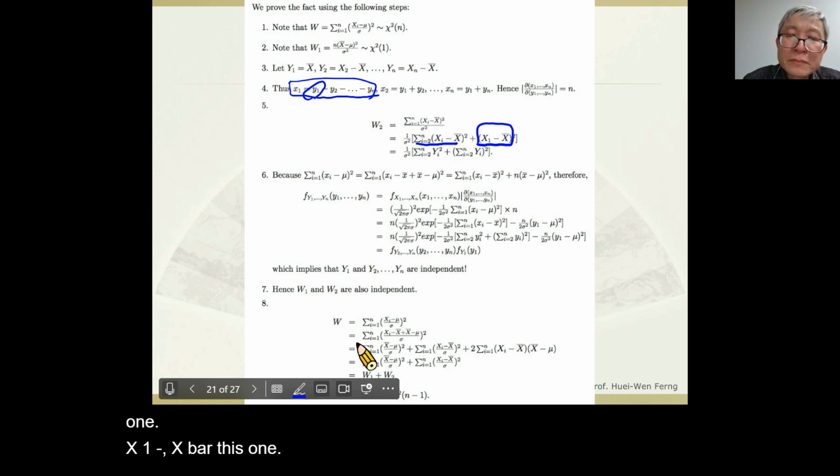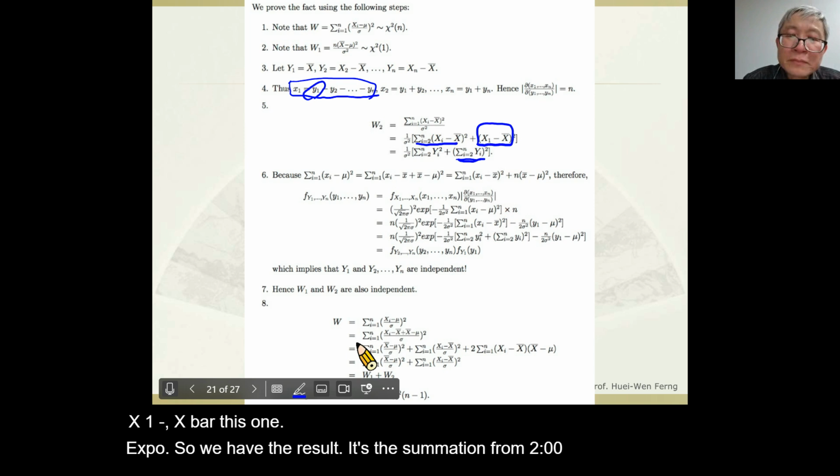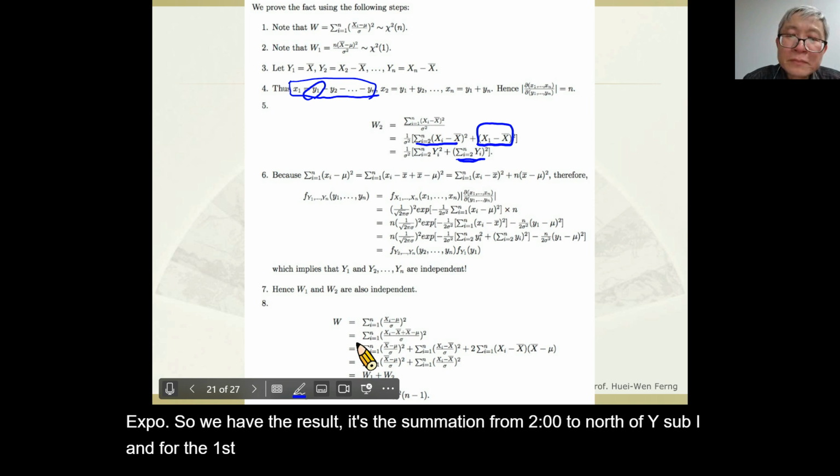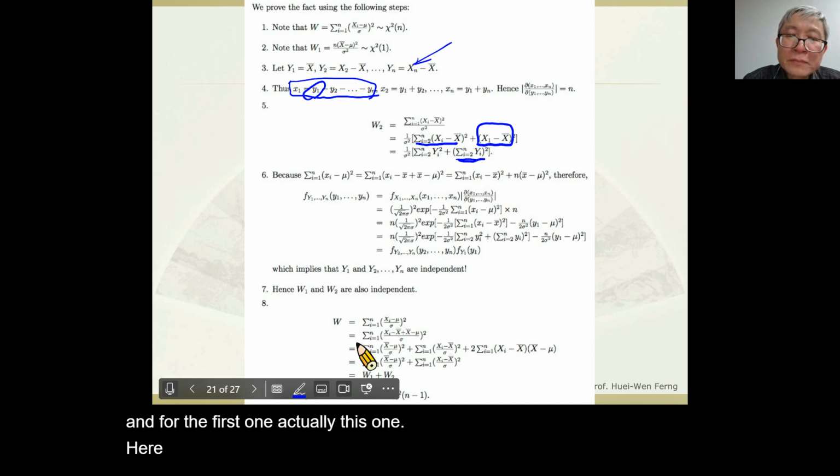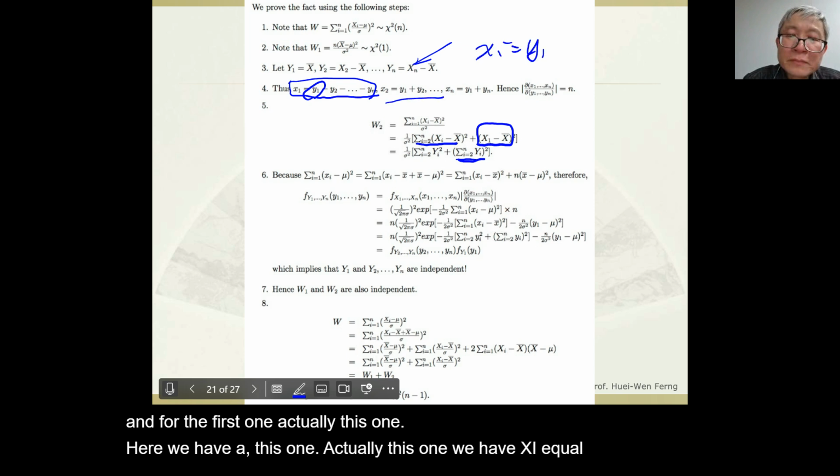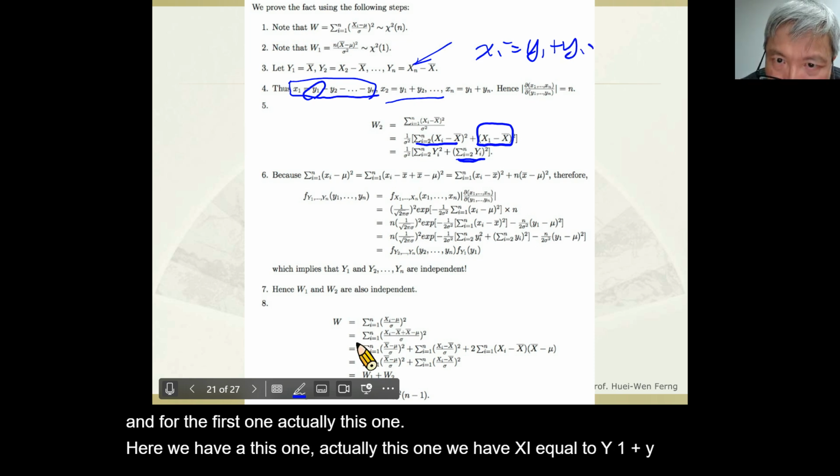X bar. So we have the result: it's the summation from 2 to n of y sub i. And for this one, we have x_i equal to y1 plus y_i, and this one is x bar.